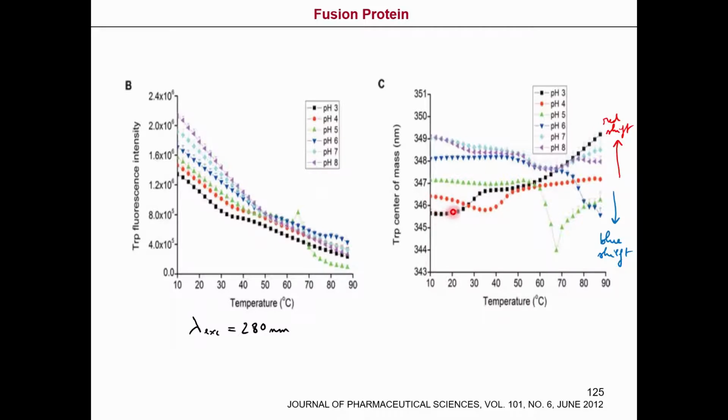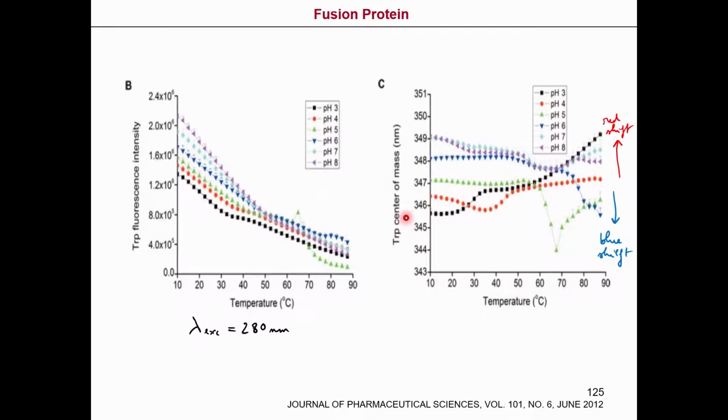Maybe I can explain again. I think it's because the protein is unfolded, so there is solvent exchange, and it causes the redshift. Indeed, remember that we excite the tryptophan. Tryptophan is a hydrophobic residue, so usually it's inside the proteins.